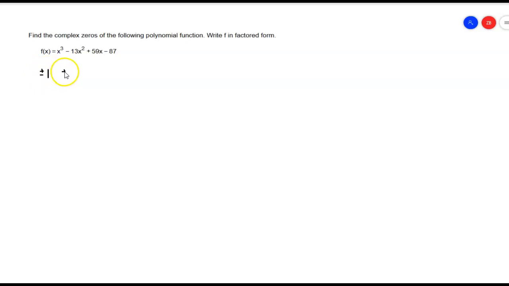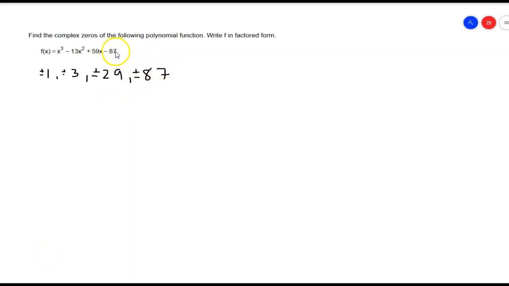I also have plus or minus 3 because 3 is a factor. I also have plus and minus 29, because 29 is a factor. And finally, I'm going to have plus or minus 87.